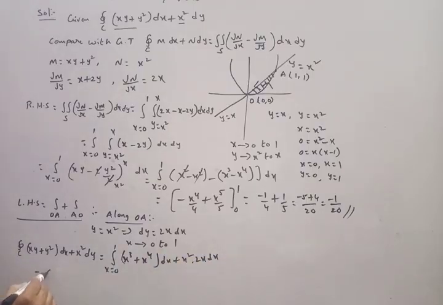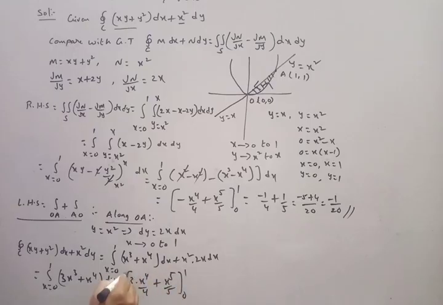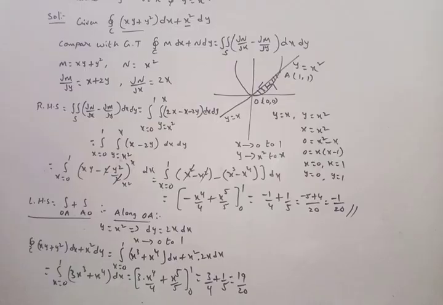If I take dx common, x is equal to 0 to 1, x cube plus 2x cube is 3x cube, plus x power 4 into dx. So that means 3 into x power 4 by 4 plus x power 5 by 5, 0 to 1. So upper limit 1 in place of x, 3 by 4 plus 1 by 5 will give you 15 plus 4, 19 by 20. So this is the one value we got, 19 by 20.